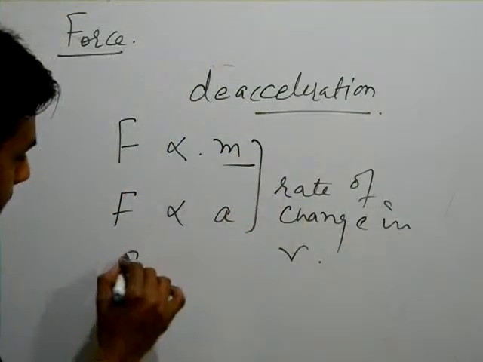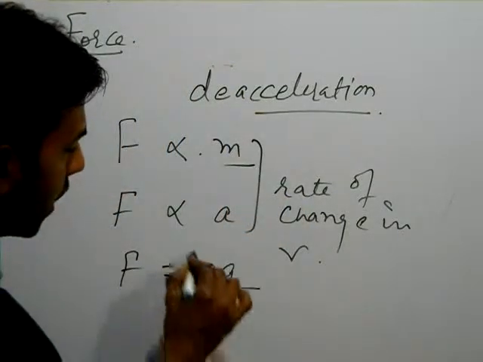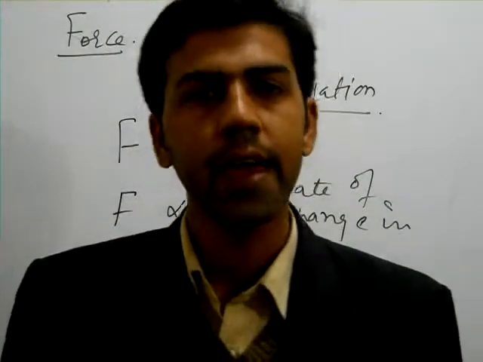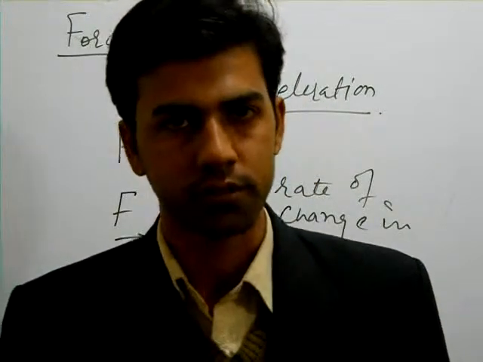From these 2 points we said F is equal to ma. Mind it that a and F are vector quantities.